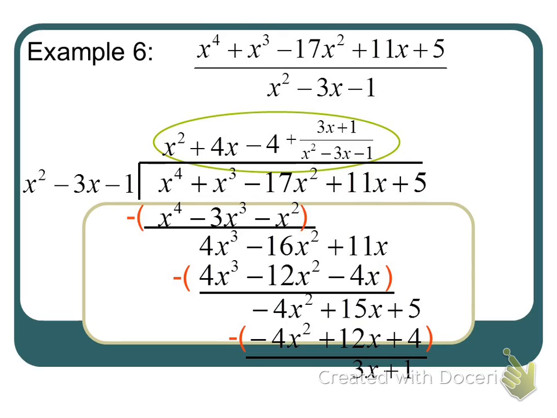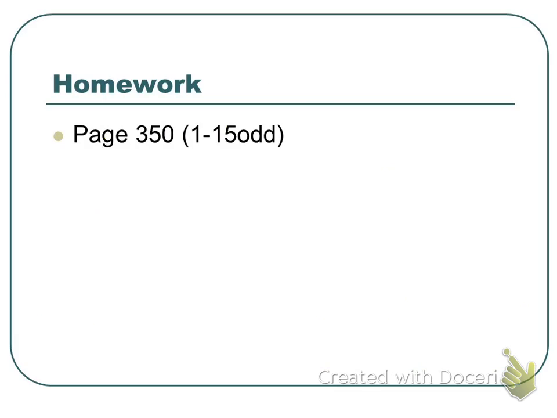Now, guys, I want to show you a little bit of a preview of what a homework problem might look like. We might be dividing x to the 4th minus 1 by x squared minus 1. How would we set that up?